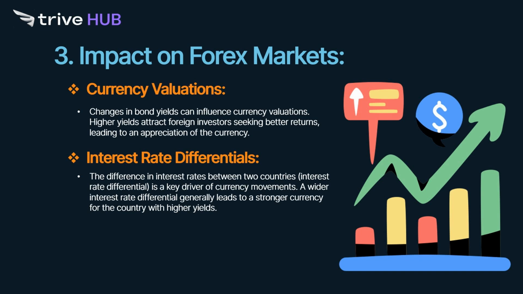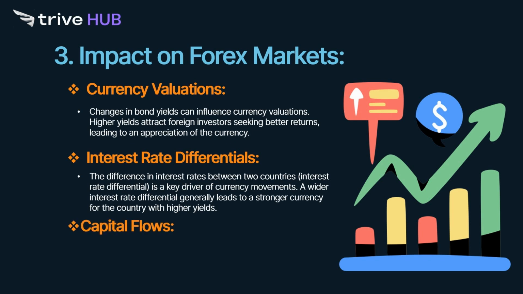For example, if US Treasury yields rise while Japan government bond yield remains the same, the interest rate differential between the US and Japan widens. This can lead to an appreciation of USD against JPY as investors seek higher return in US bonds.